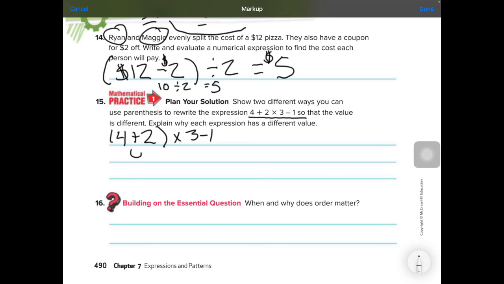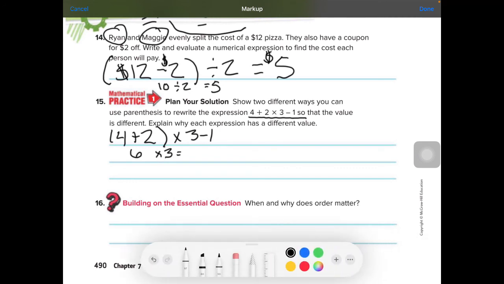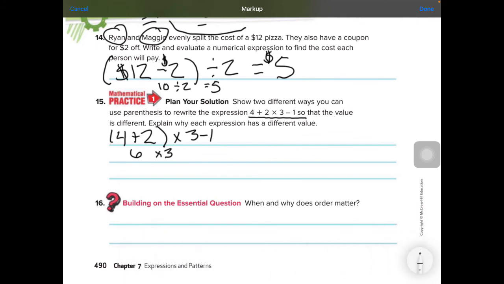Okay, so 4 plus 2 is 6, and then we times the 3, and that's going to equal 18. Minus 1. So that right there is going to be 18 minus 1 is going to equal 17. Okay, there's our answer for that one.